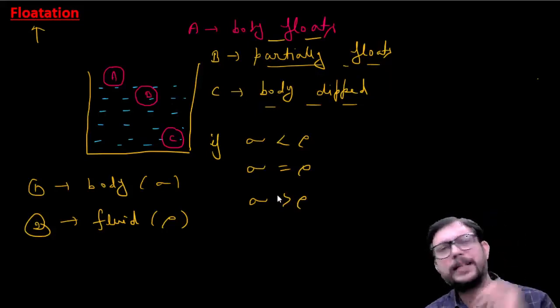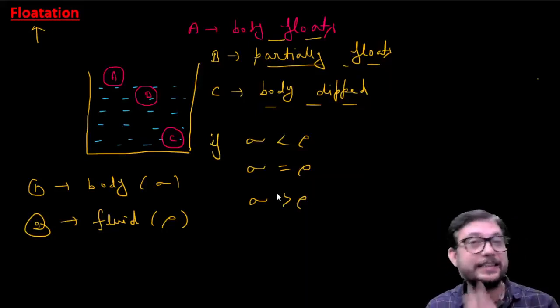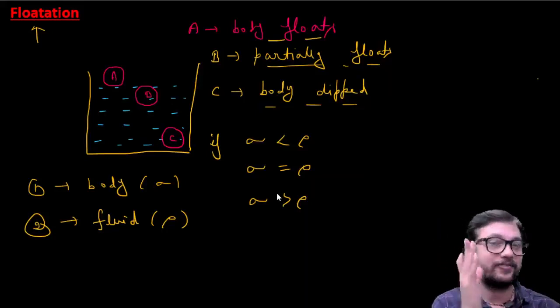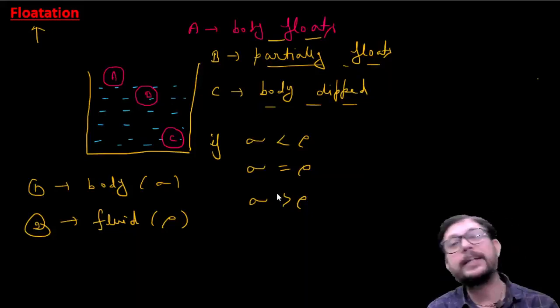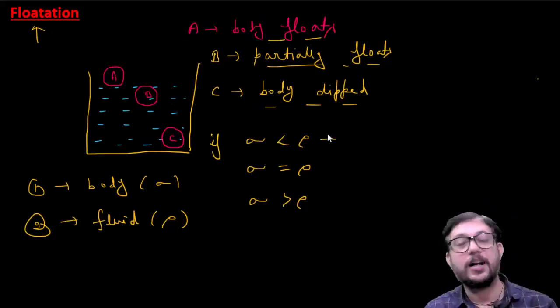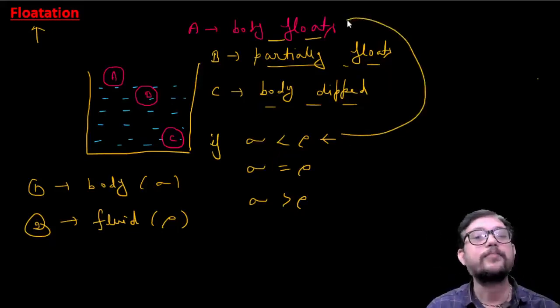I hope a few of you can easily guess that we have three conditions. At condition A the body floats, at condition B it partially floats, at condition C it completely dips. The same three conditions are verified in the form of density. If sigma is less than rho, the body floats.